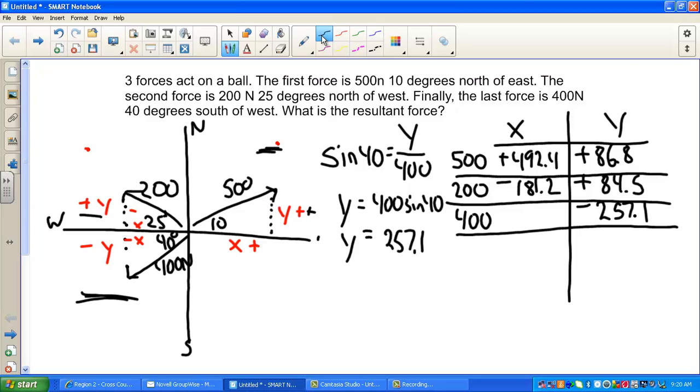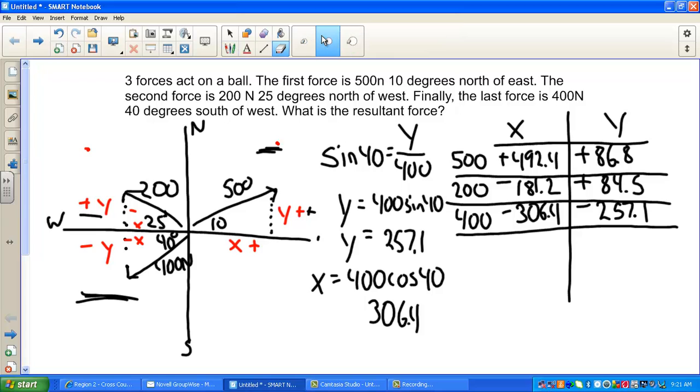The X I can do right here. We'll simply say X is 400 cosine 40, that is 306.4, negative because of the quadrant, again. Erasing again.